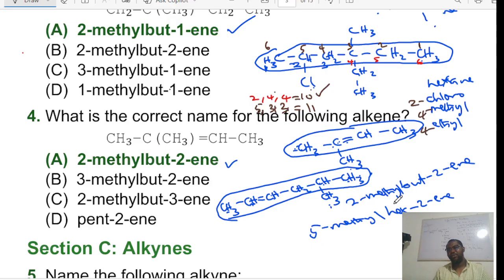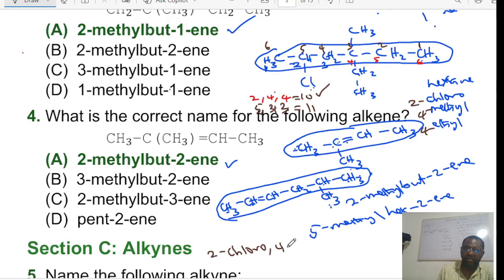So now we are going to write the name, but in writing the name, it must be in alphabetical order. Please note this. When you have more than one substituent and you need to write the name, it must be in alphabetical order. So between C, M, and E, C comes first alphabetically, then E, then M. So the name of this compound is going to be 2-chloro.